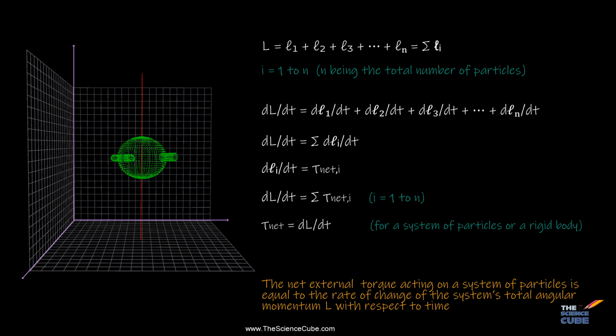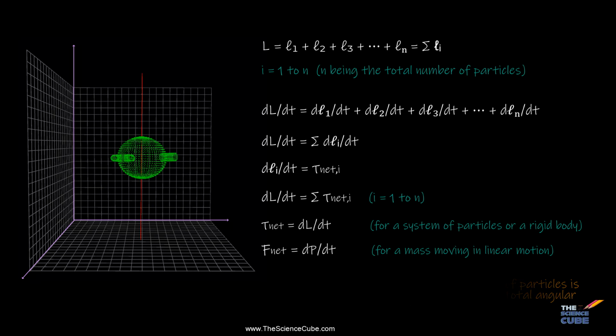And notice that this equation is quite similar to the equation F net is equal to dp upon dt that is used in linear form. However, you must note that all the torques and the system's angular momentum should be considered relative to the same origin only.